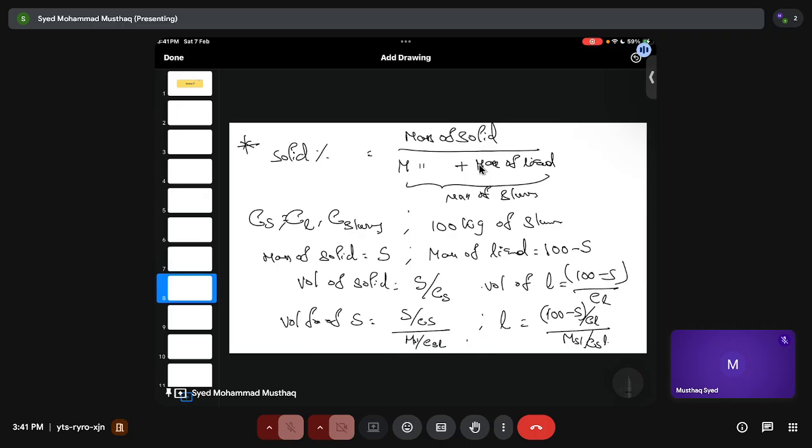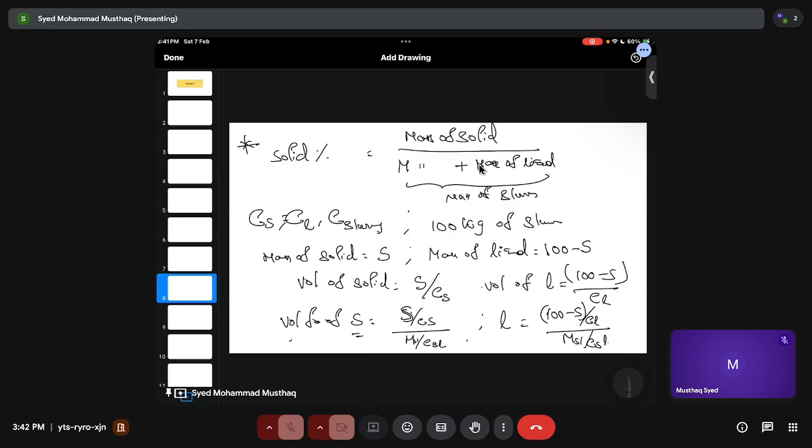Now let's move on to the volume fraction of solid. You have the solid mass divided by the density of solid, and the whole is divided by the mass of slurry by the density of slurry, right?